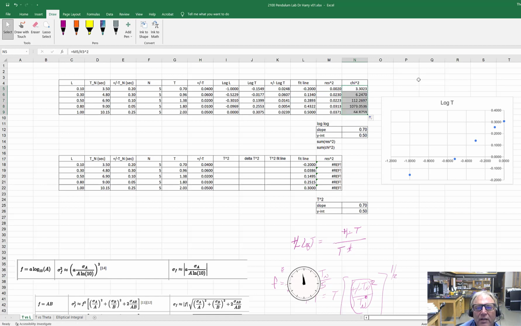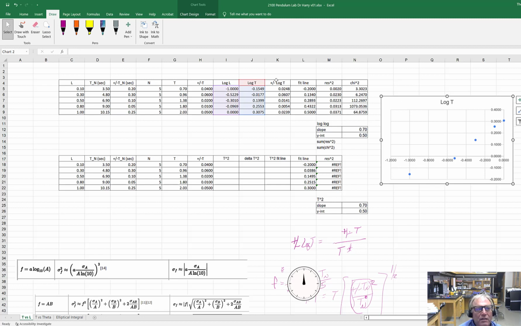You'll notice that the smaller the error bar, the bigger the chi-square amount. And this way, the bigger error bars contribute less than the small error bars. Right? See, this is a really small error bar there.